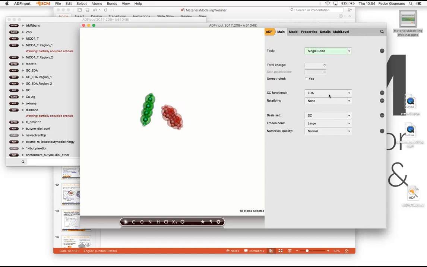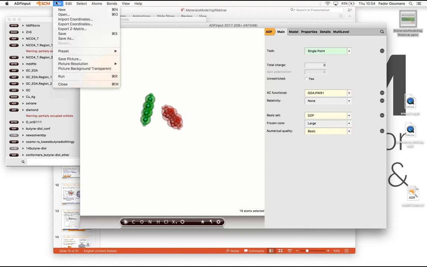That's it. Now usually for these type of calculations, PW91 shows good agreement, but you can look into literature what other people have done as well. And for the sake of making it a little bit faster, I choose a basic numerical quality and double zeta and polarization function. That should give reasonably okay results.